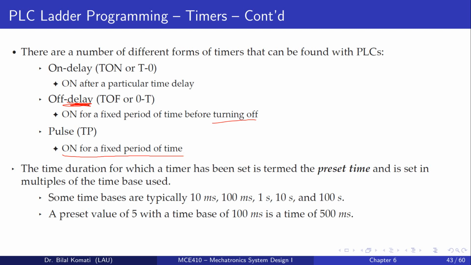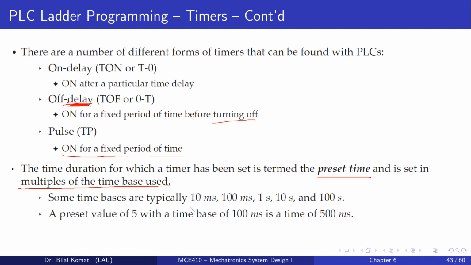Okay, so the time duration for which a timer has been set is termed the preset time. This is what we call the preset time, and it is set in multiples of the time base used. Usually it depends on the time base used, and we have some multiple.